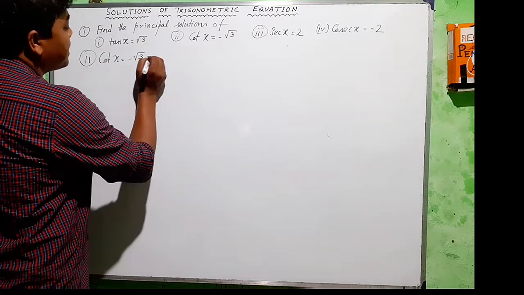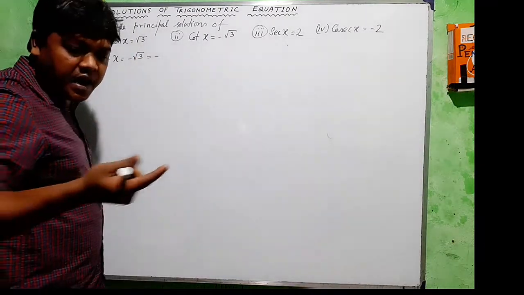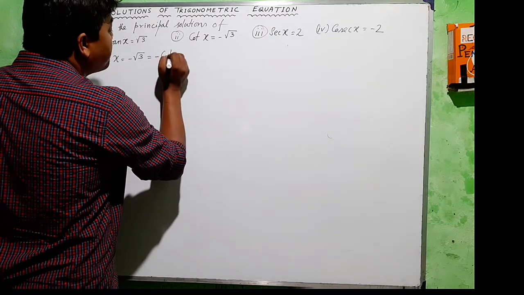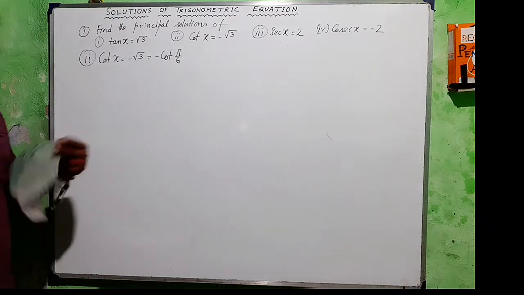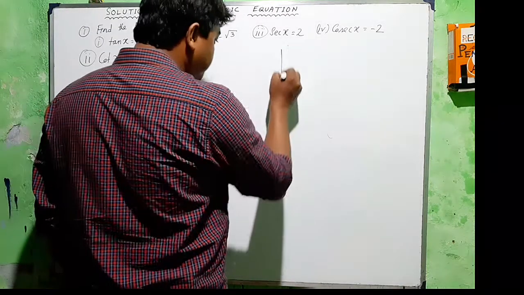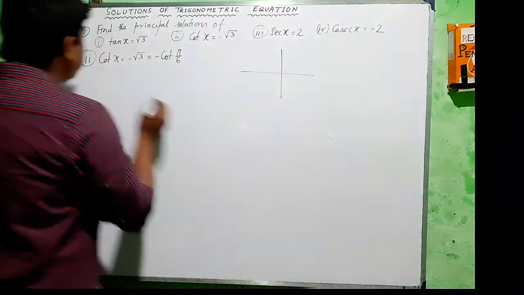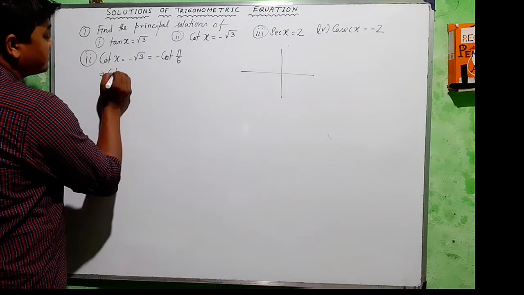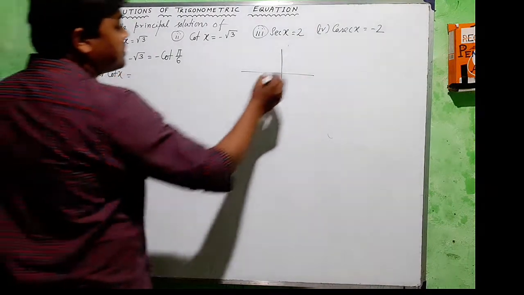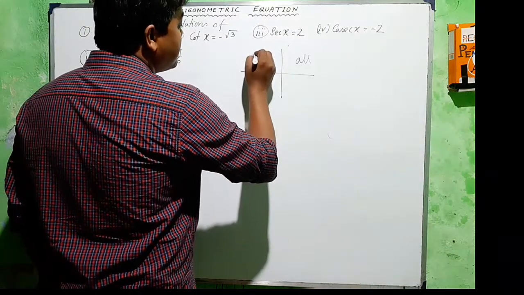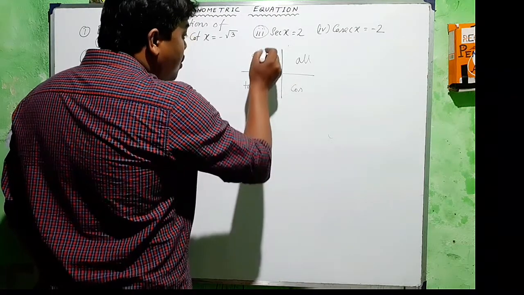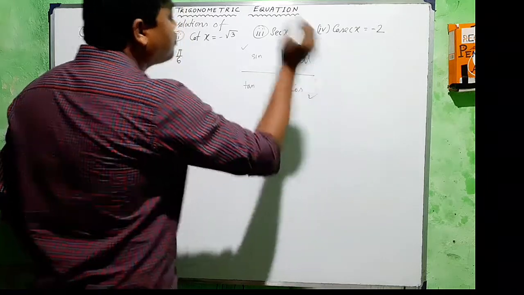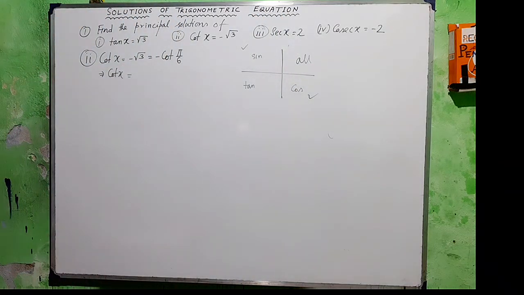So in terms of radian, that means minus cot pi by 6. In which quadrant is cot negative? We know that. And you can say, this is the all sine tan cos, so in the second quadrant and fourth quadrant cot is negative.